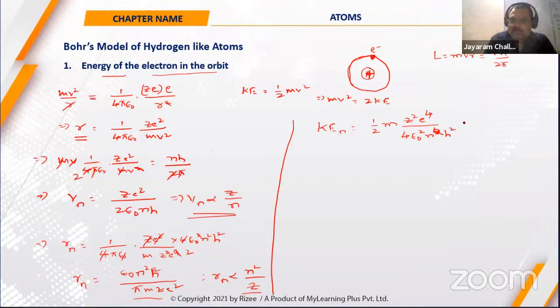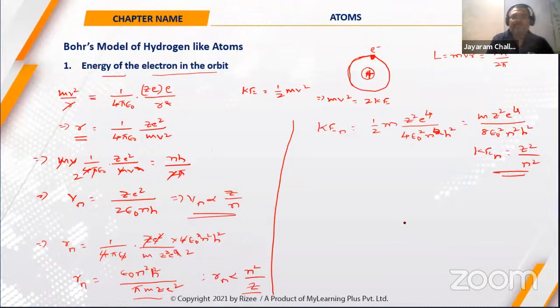On solving this, this will be m Z square e to the power of 4 by 8 epsilon naught square into n square h square. So that means the kinetic energy of the nth orbit is proportional to Z square by n square. So this is our relation.